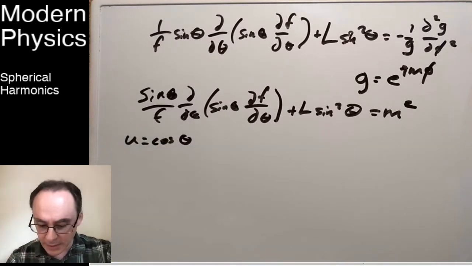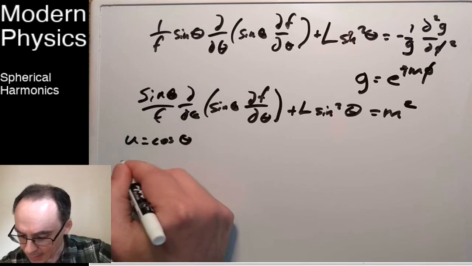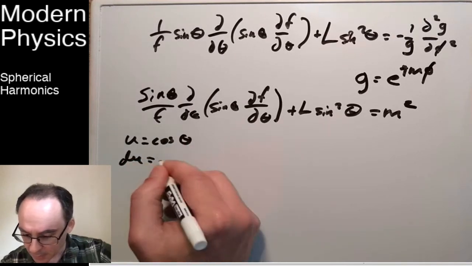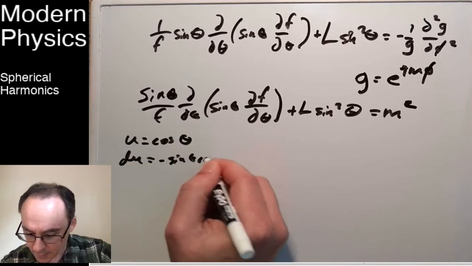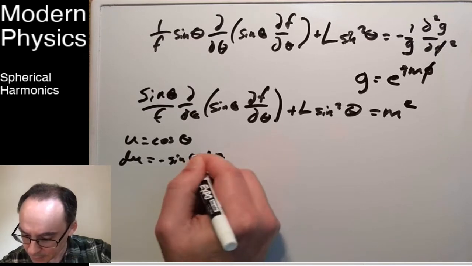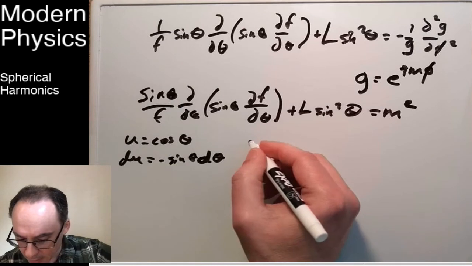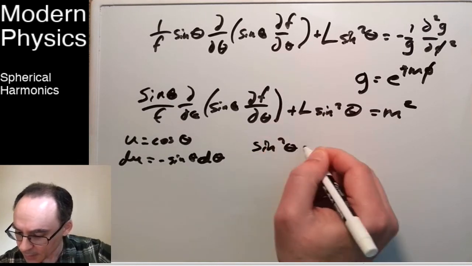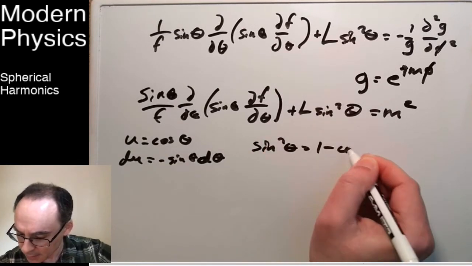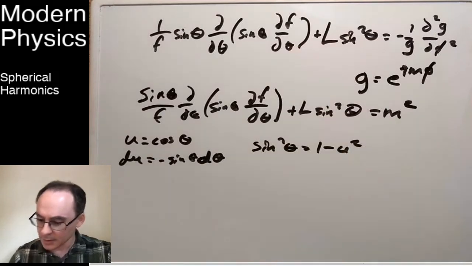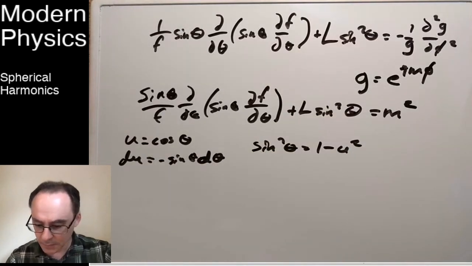And the reason for doing that is that then I get, okay, what's du? du is minus sine theta d theta. And then sine squared theta is 1 minus u squared, because u is cosine theta. So I have that.